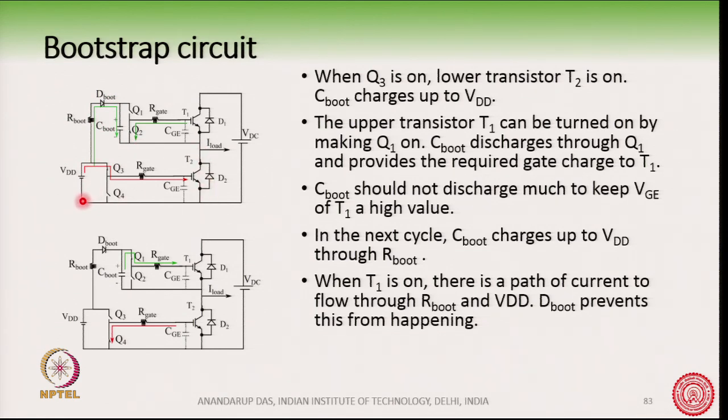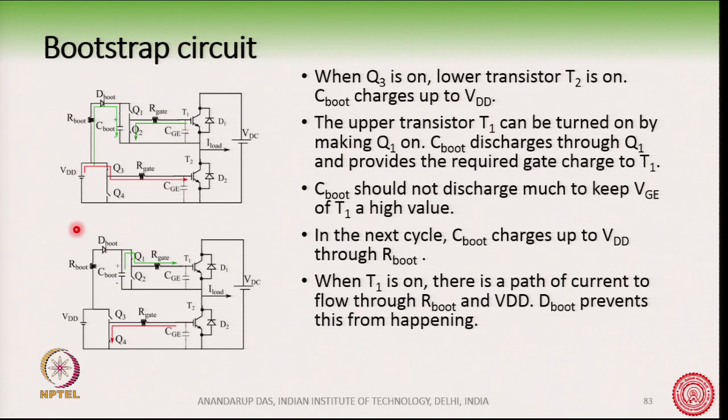From VDD it goes like this through R boot, D boot, C boot and like this here. So, when T2 has been turned on, this capacitor C boot will be charged to VDD voltage.